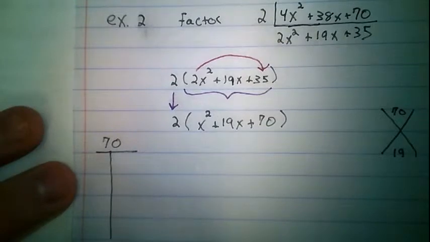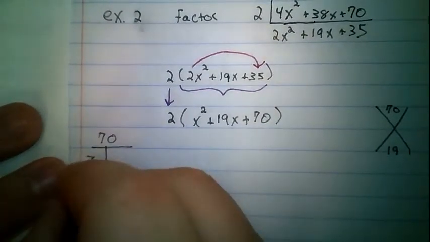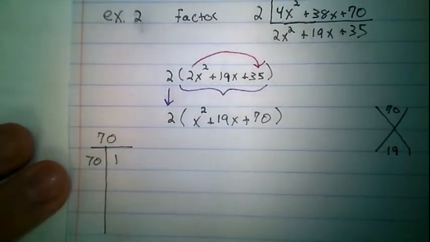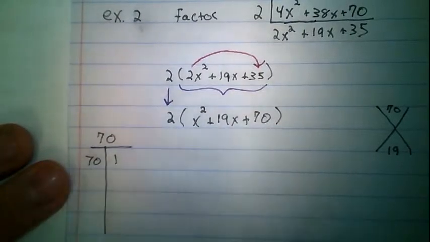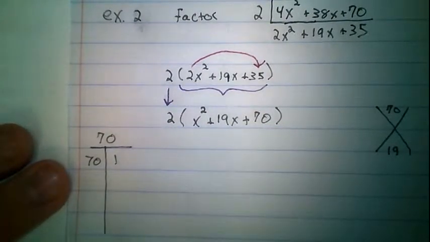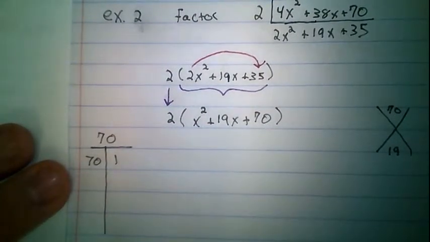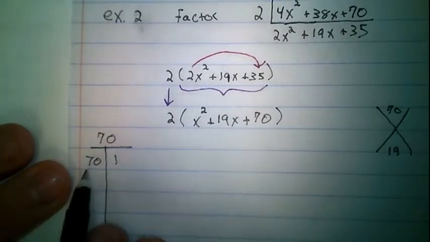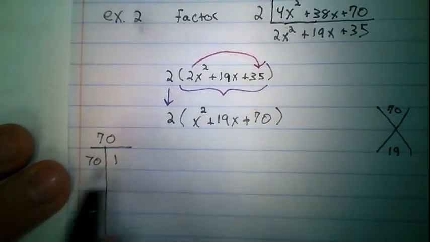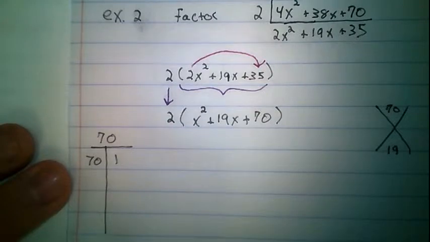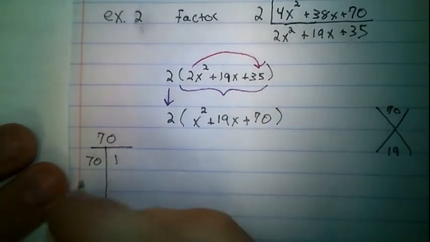So numbers that multiply to 70 are 70 and 1. That's 70 plus 1 is 71, so that's not going to work. Now what you could do is divide this by some number and multiply that by some number, and they're still going to give you 70. So let me give you an example.